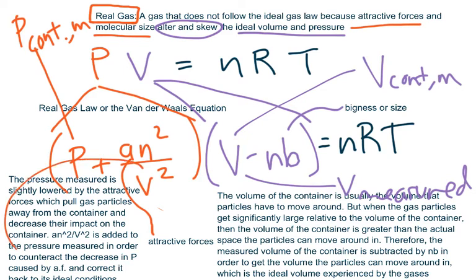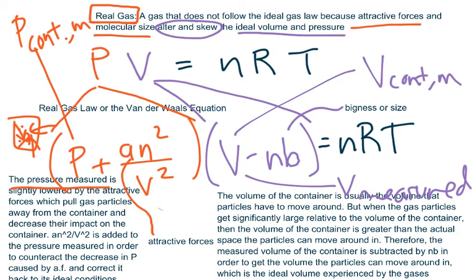So in this box of text right here, you can read it, and I'll read it for you. It says, the pressure measured, so the pressure that we measure on the container, is slightly lowered by the attractive forces which pull the gas particles closer to each other and away from the container, and this decreases their impact on the container.